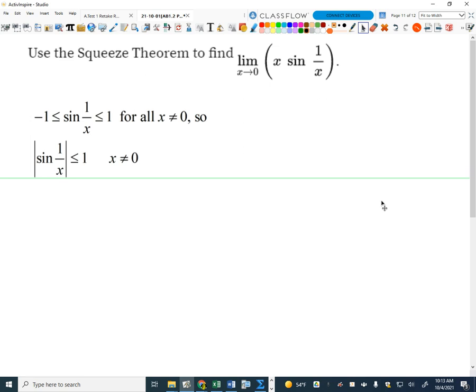Okay, well, if that's true, if sine of 1 over x is greater than or equal to -1 and less than or equal to 1, another way of saying that is its absolute value is less than or equal to 1, right? And you remember this goes back to algebra 2. Remember our pattern.